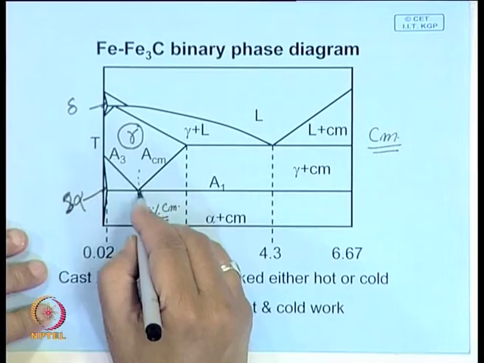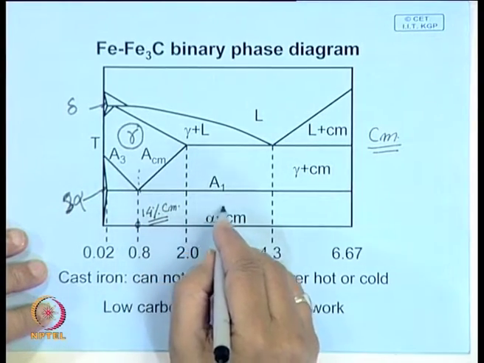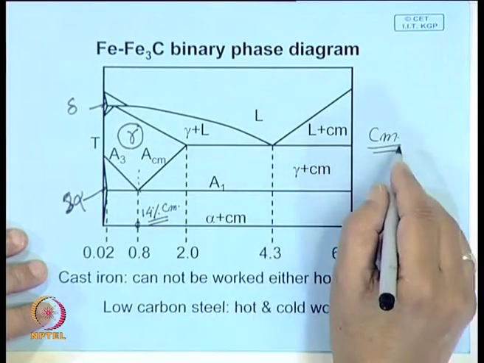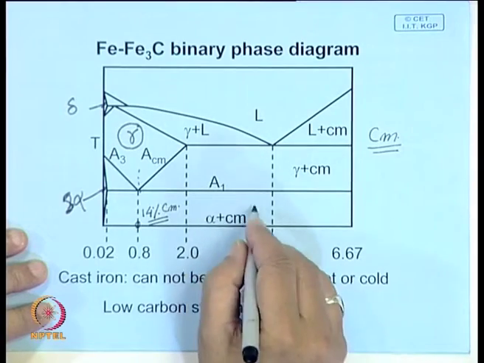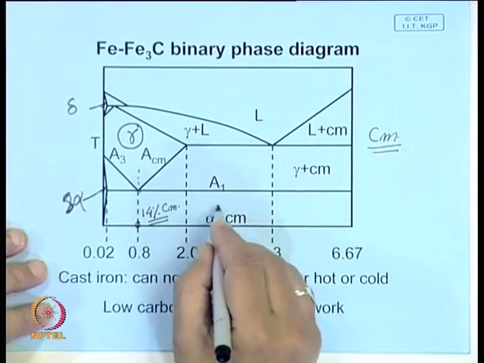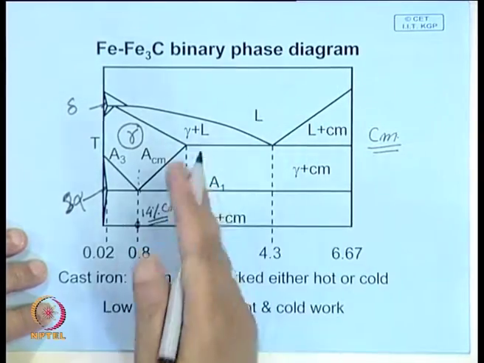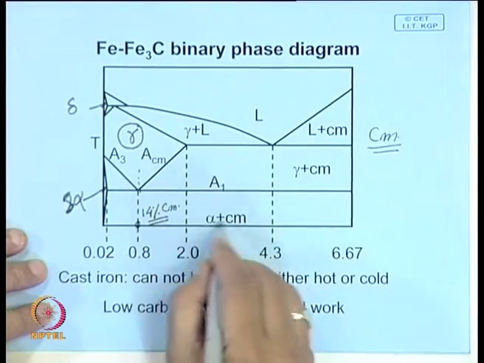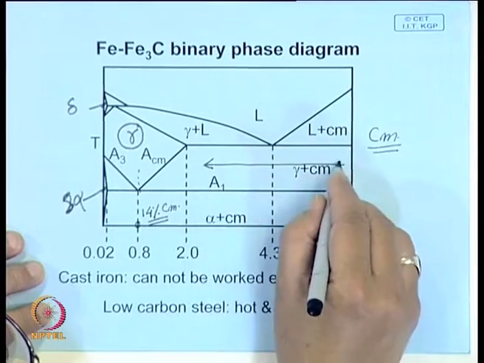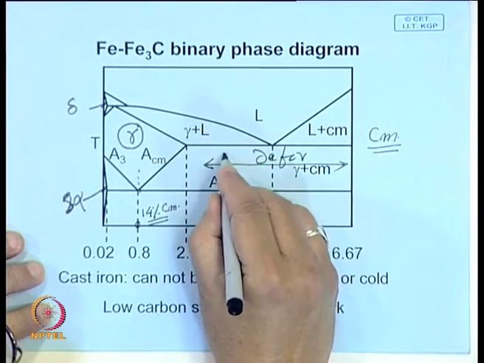This eutectoid steel has 14% cementite, and as you go to the cast iron regime, the amount of cementite is quite high, and cementite is very brittle. So therefore it is not amenable. Not only is cold work ruled out, even hot working will be extremely difficult. So when you have a large amount of cementite, in this area, they are not amenable to any deformation processing.